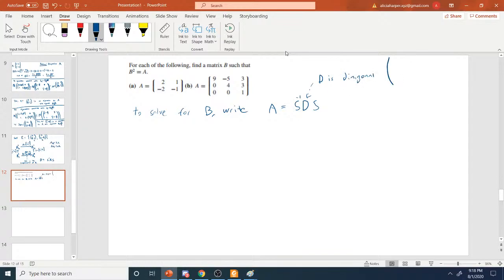Say it looks like this: lambda 1, lambda 2, and so on, lambda n, and then zeros everywhere else.